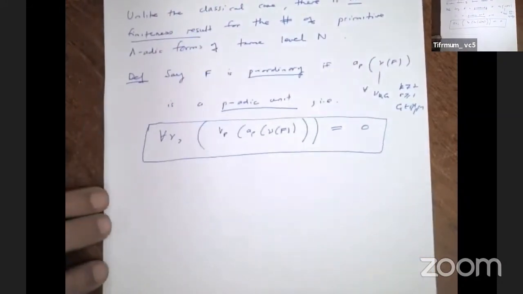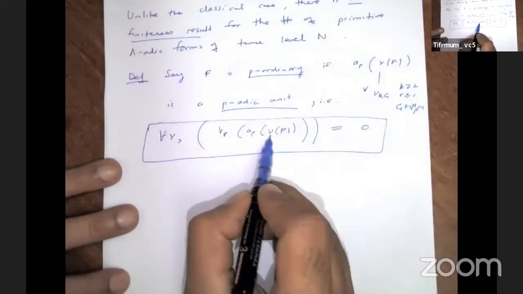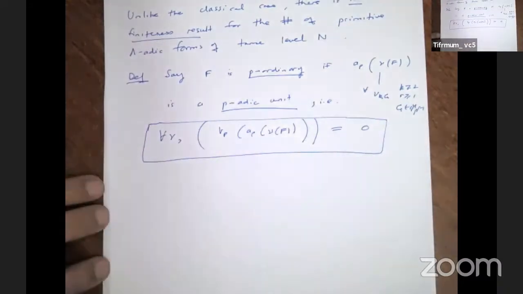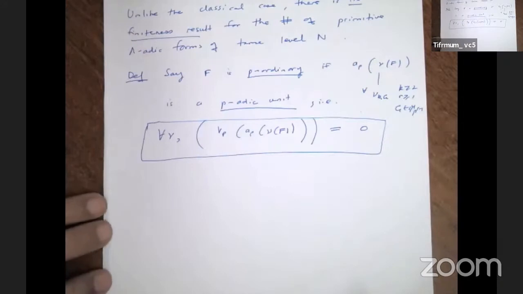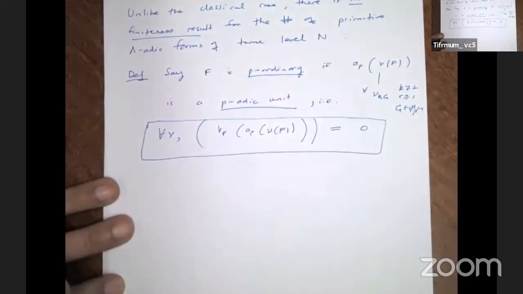Okay, so this is a valuation and this is a specialization. One is a V and one is a nu. The p-th Fourier coefficient has p-adic valuation 0. P does not divide AP. After specialization, P does not divide AP.